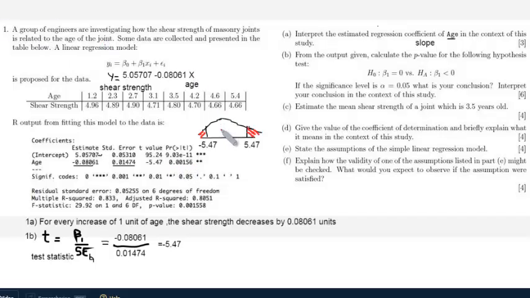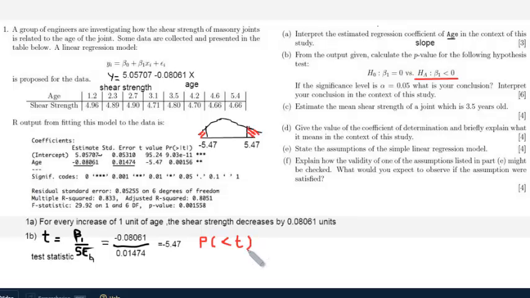This area is 0.00156. This is a two-tailed test. The p value is given, but we want the p value for only the left tail test. That is, we want only this value, the probability that t is less than the test statistic.